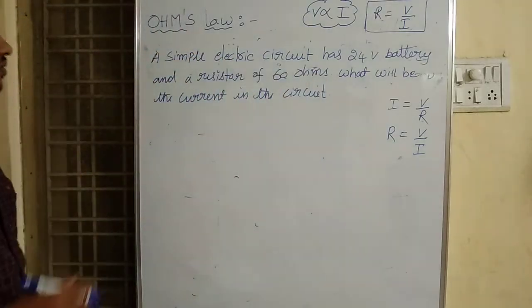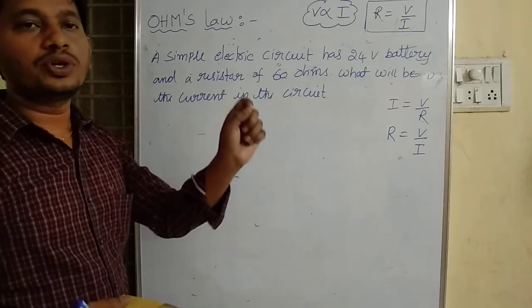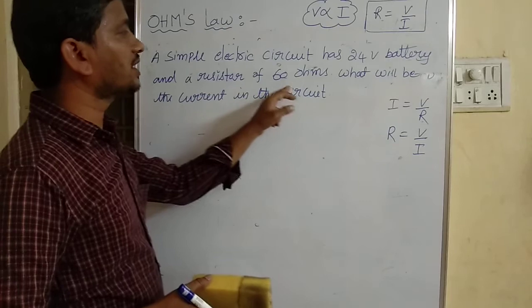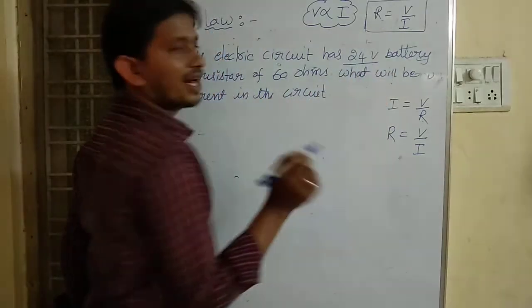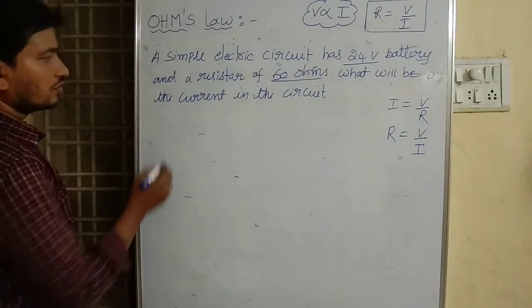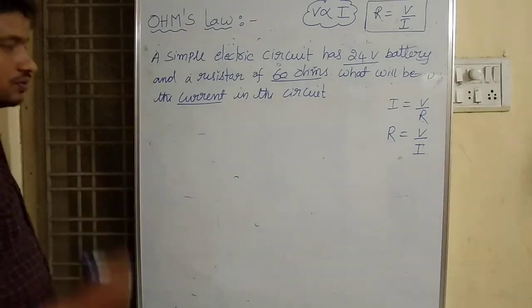What is given? A simple electric circuit has a 24 volt battery and a resistor of 60 ohms. They are asking to find out the current in the circuit.